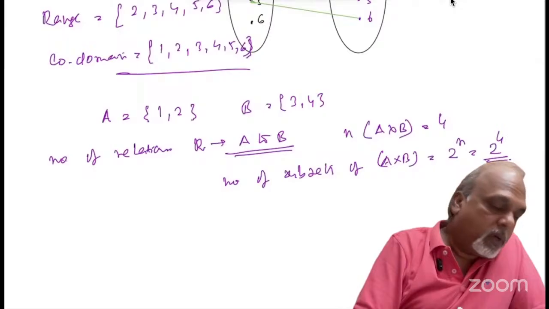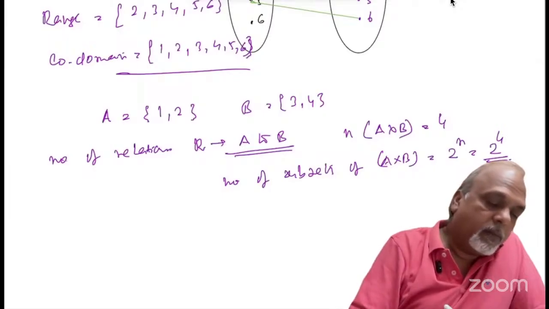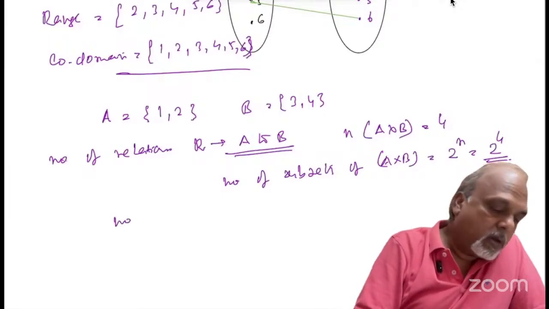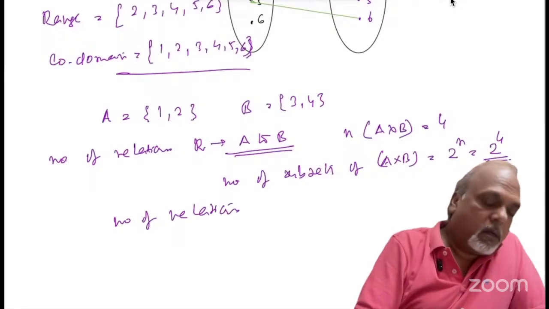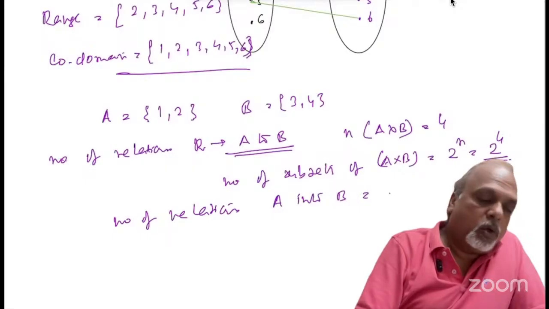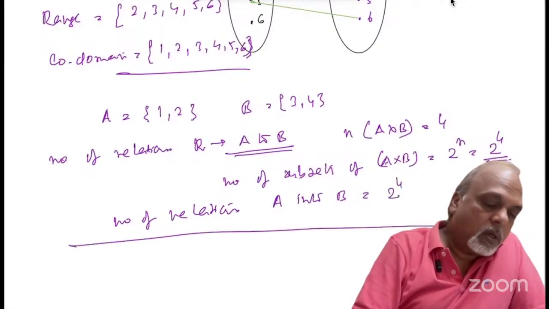So the number of relations from A to B, or A into B, will be 2 raised to 4. So mind it.